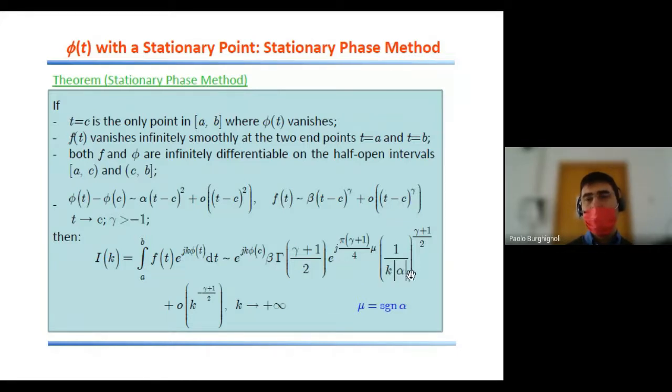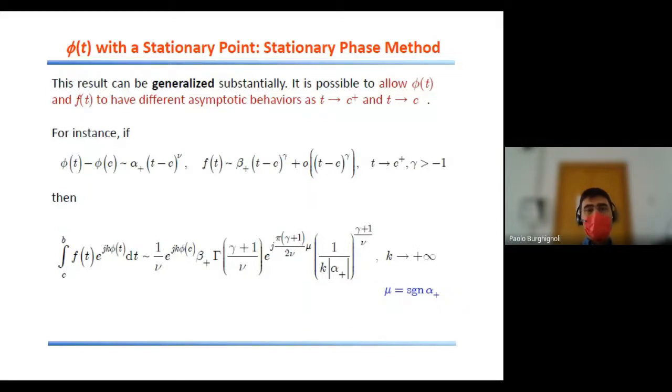And finally, the large parameter is contained inside this algebraic term here, in which you can see k is in the denominator, and it's elevated to the power gamma plus 1 over 2. This is the dominant asymptotics. The error is of the order k to the minus gamma plus 1 over 2, so it's of order smaller than this because it's a small o. And again, mu is the sign of alpha.